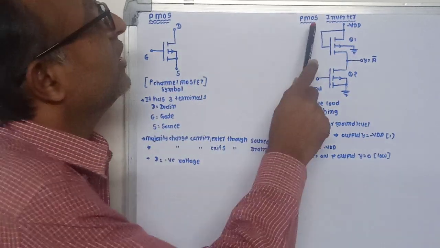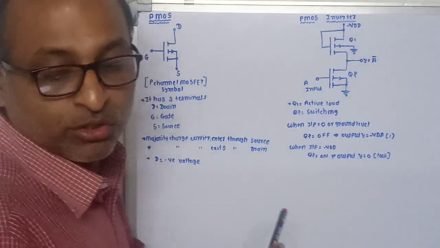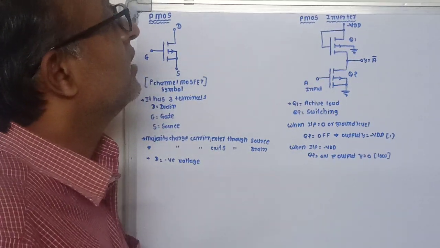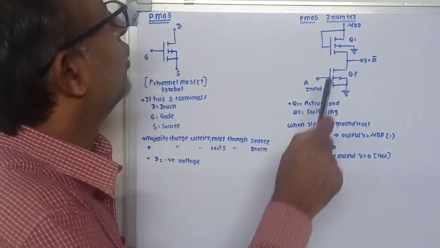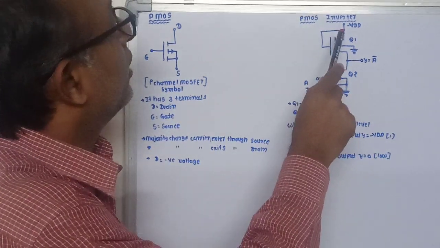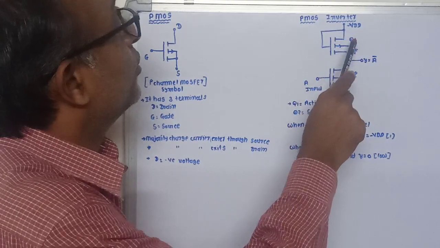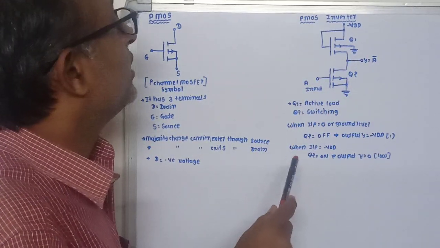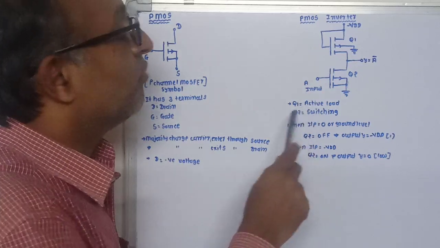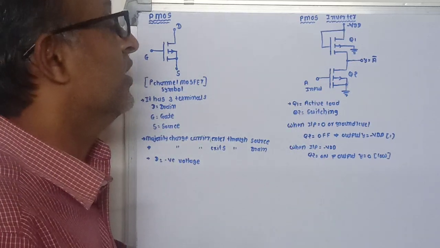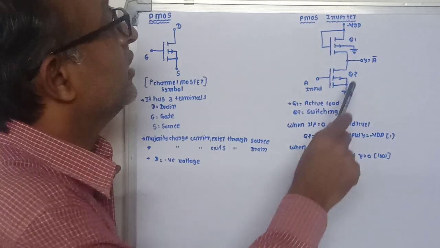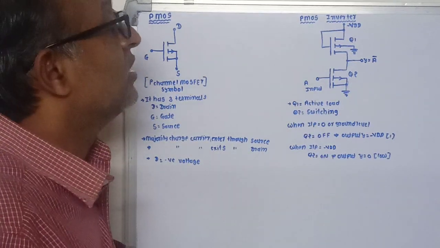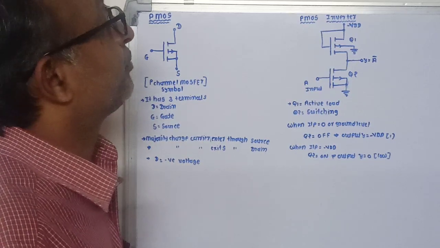Now let us see the PMOS inverter. So PMOS acts as an inverter circuit. Here two P-channel MOSFETs are used, Q1 and Q2. Now this P-channel MOSFET Q1 works as an active load in the circuit, while this P-channel MOSFET Q2 works as a switching transistor.